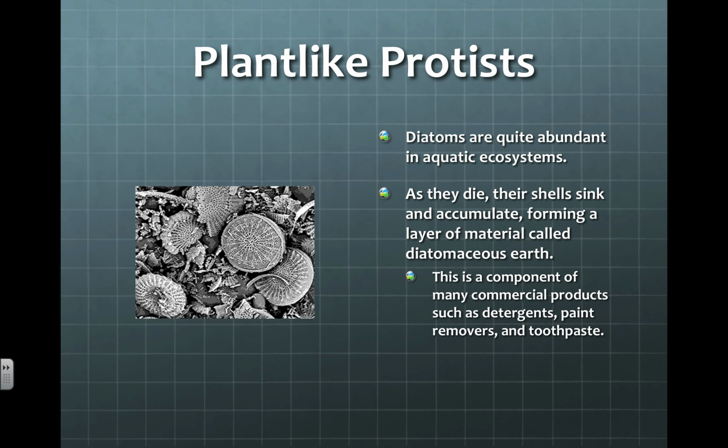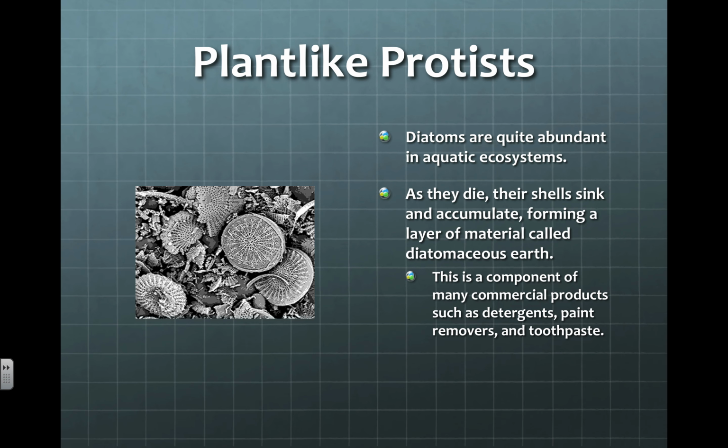Sometimes your grittier toothpaste for whitening has got this in there. Detergents, paint, the white paint that is on the street that keeps you from going into the next lane. If you notice at nighttime, it has sort of a glittery effect to it. That's diatomaceous earth. They put it in that kind of paint.